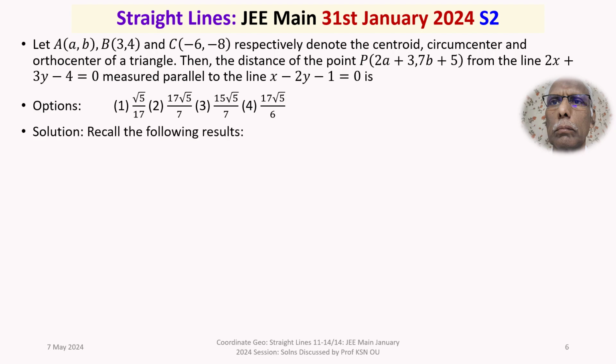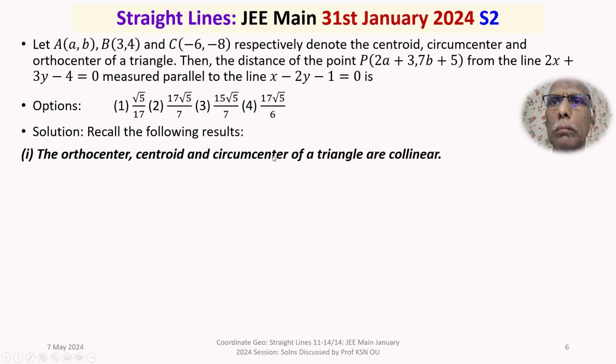Recall the following results. The first result says the orthocenter, centroid and circumcenter of a triangle are collinear. So C, the orthocenter, A, the centroid, and B, the circumcenter, are collinear for any triangle.